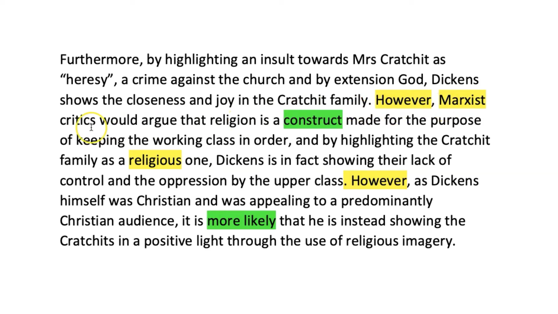However, Marxist critics would argue that religion is a construct made for the purpose of keeping the working class in order, and by highlighting the Cratchit family as a religious one, Dickens is in fact showing their lack of control and the oppression by the upper class. However, as Dickens himself was Christian and was appealing to a predominantly Christian audience, it is more likely that he is instead showing the Cratchits in a positive light through the use of religious imagery.